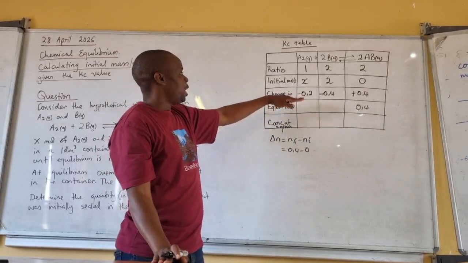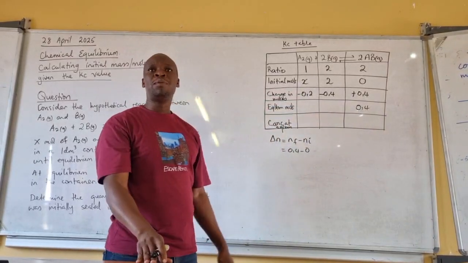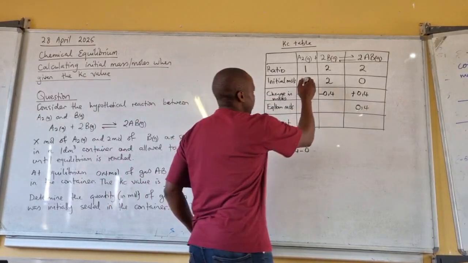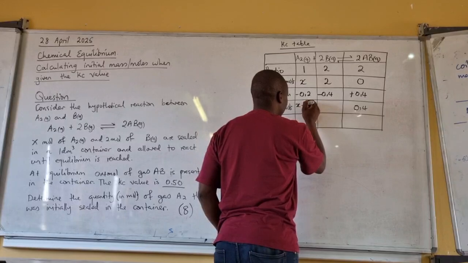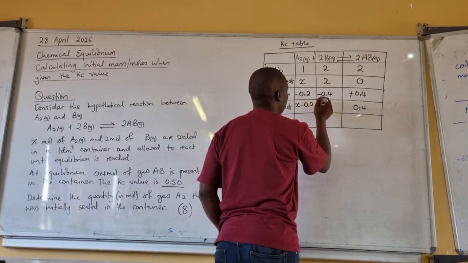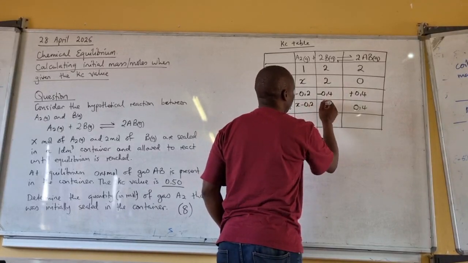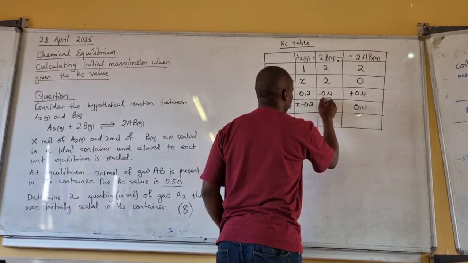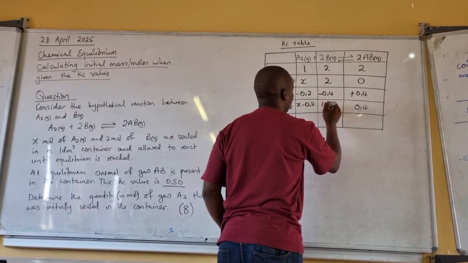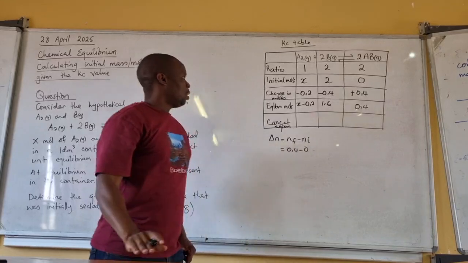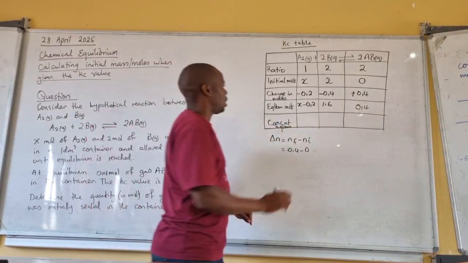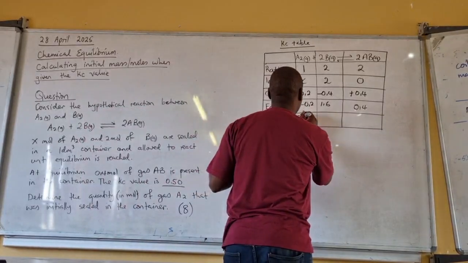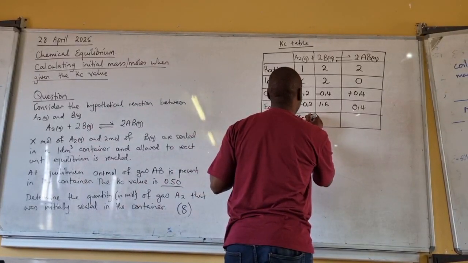Right, from there we move on to equilibrium number of moles. X minus 0.2, we just write it as X minus 0.2. 2 minus 0.4, 1.6. Equilibrium concentrations of the substances: X minus 0.2.